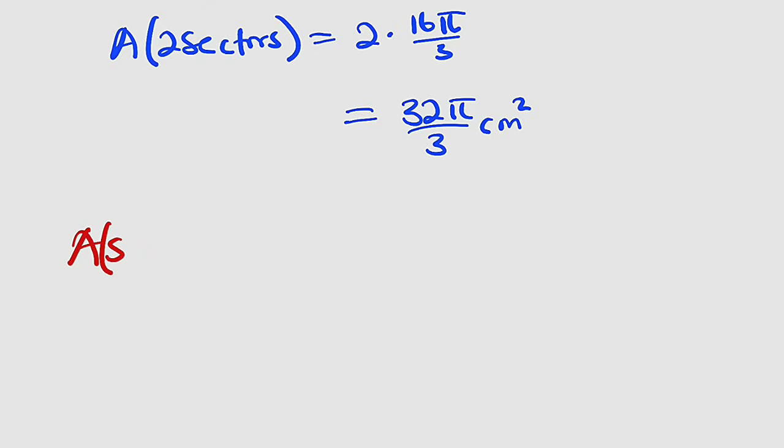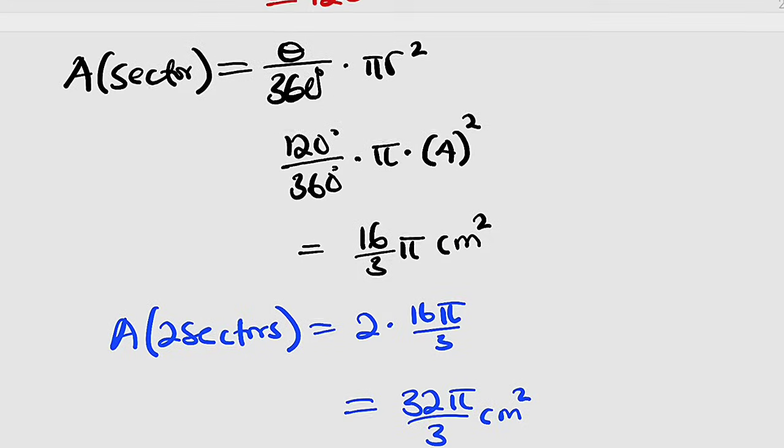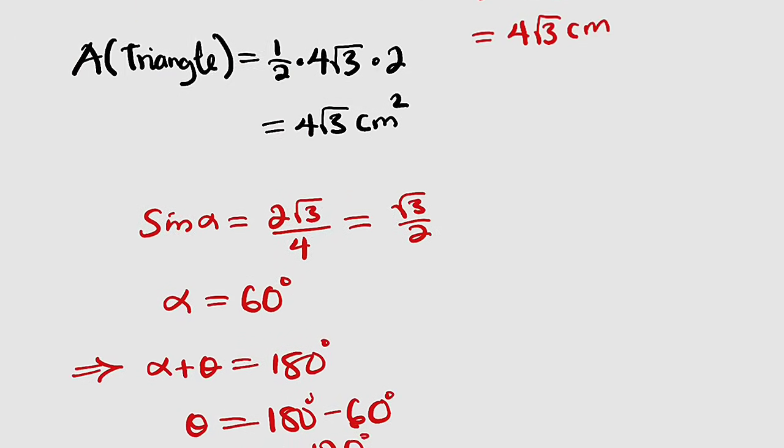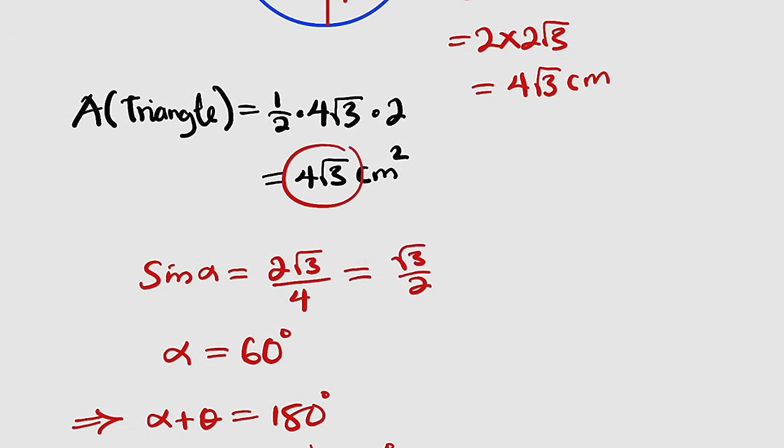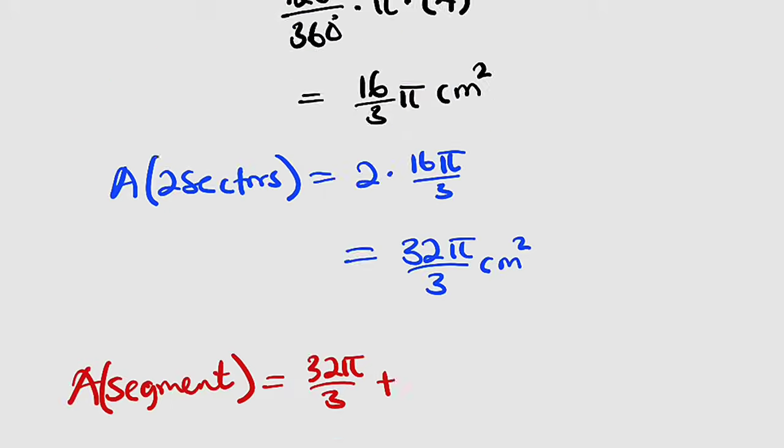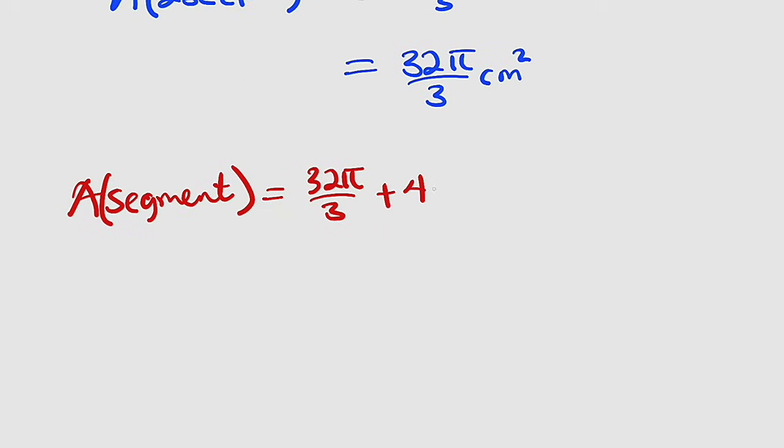Area of the segment will now be equal to the two areas. Let me start with this one, 32 pi over 3, then plus the area of the triangle. The area of the triangle is 4 root 3, all of them meters squared.